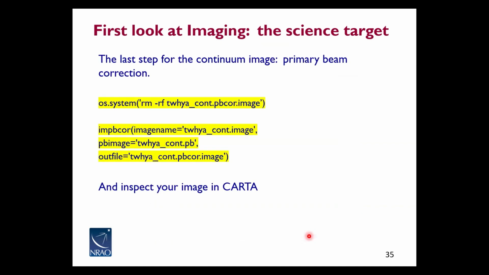Okay, so now we have an idea of how to do the cleaning, but there is actually a last step for processing a continuum image, which is the primary beam correction. You could imagine that for a beam, there is attenuation when you go towards the outside of the beam.